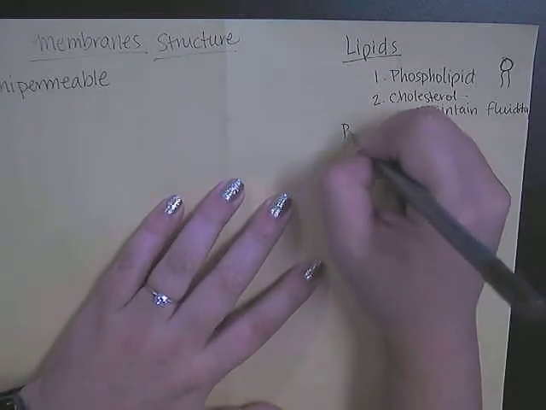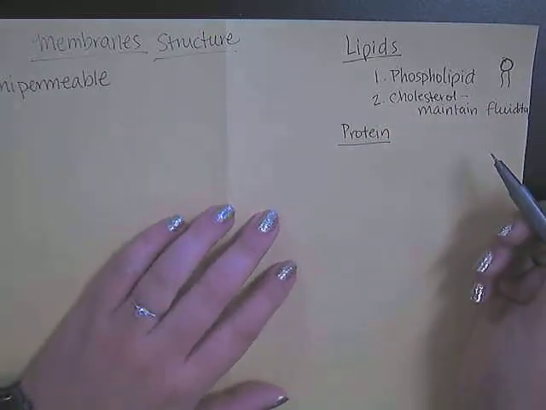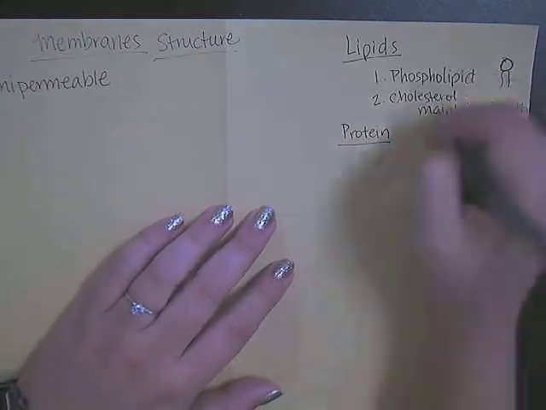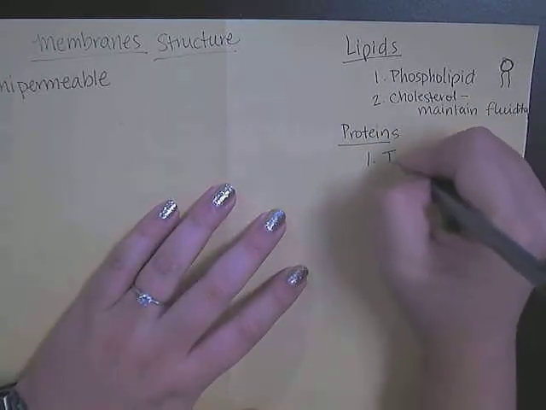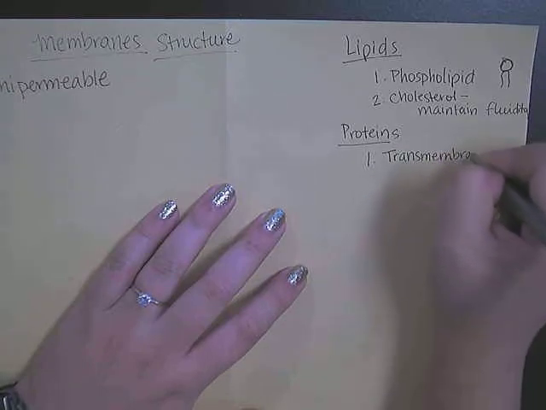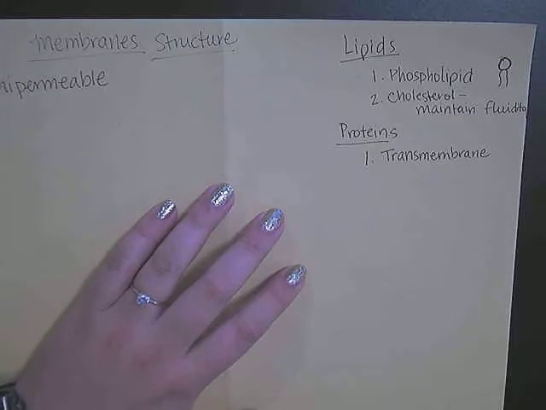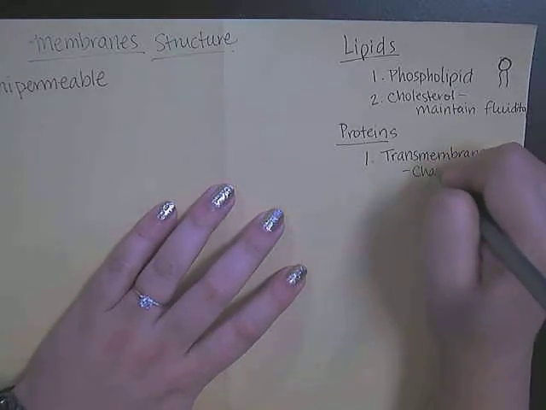The second type of macromolecule that is important or a component of the membrane are proteins. There are two types of proteins that we are going to discuss. We have transmembrane proteins. These are the ones that are going to span across the membrane itself, and we're going to see these act as channels.